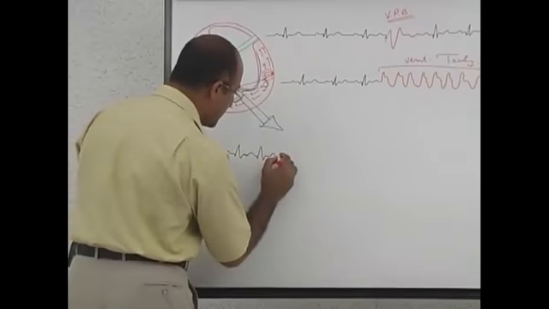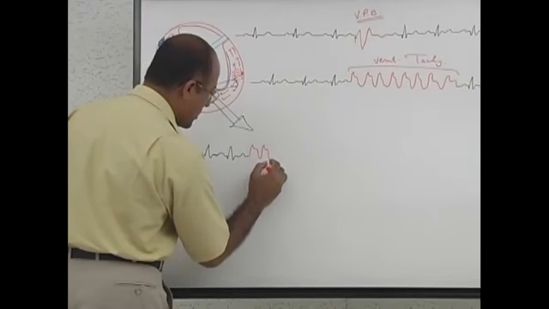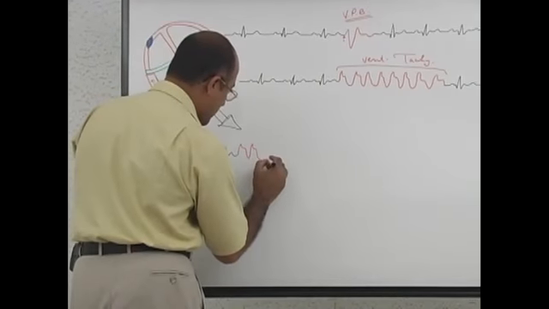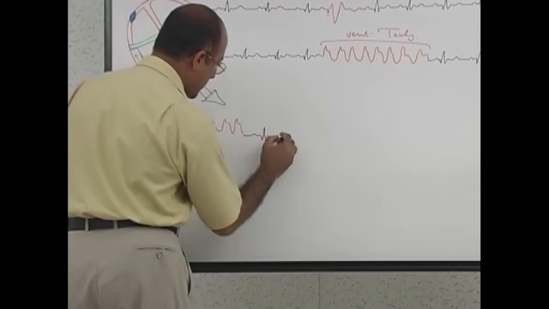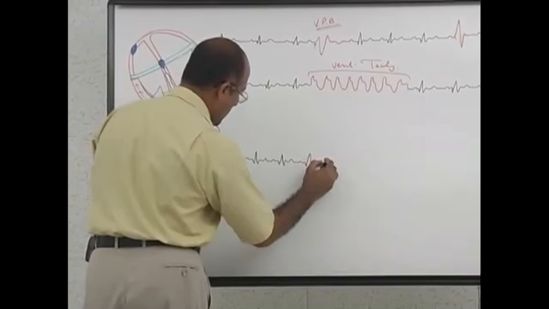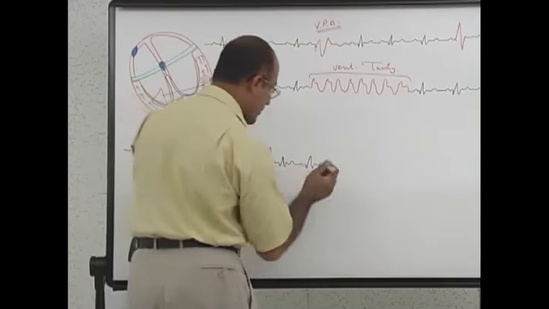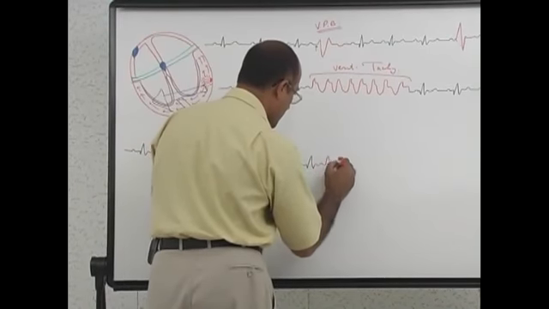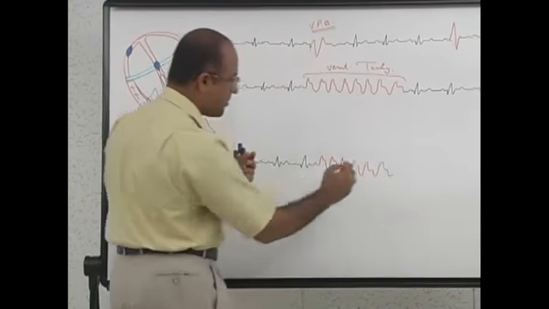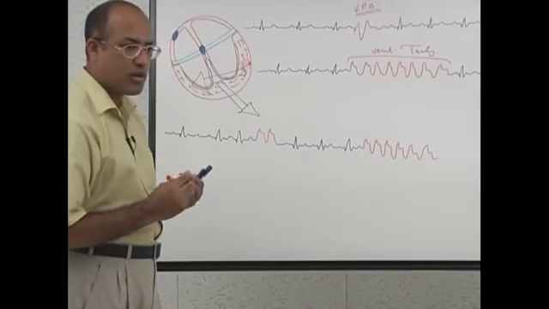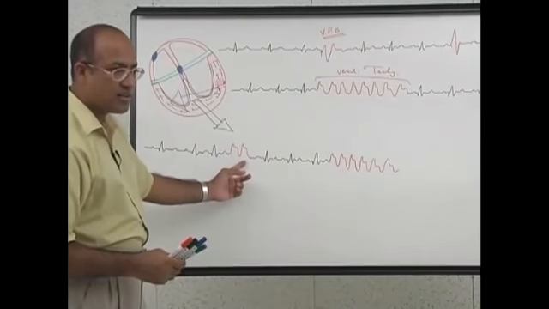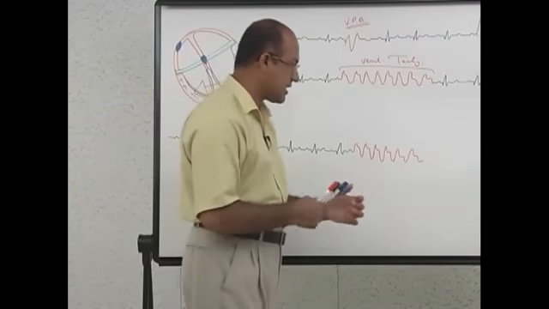Here there is a double abnormal firing. What is it now? Ventricular tachycardia. This was ventricular premature beats, this double fire, then it is ventricular tachycardia.